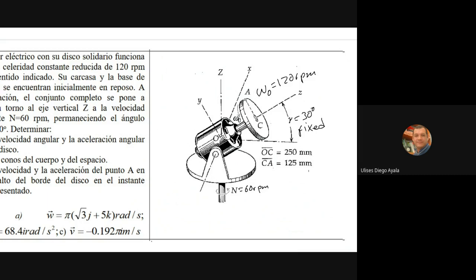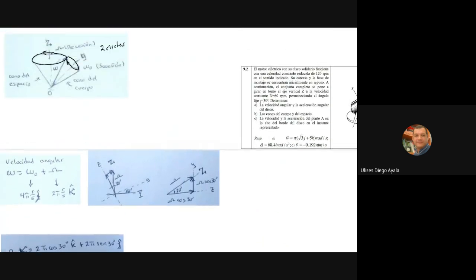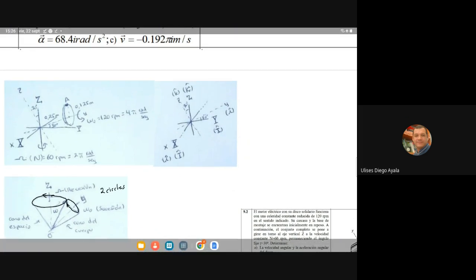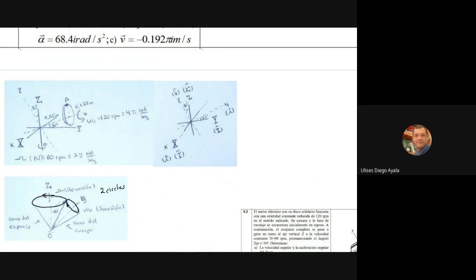That makes the difference between these two cones. Okay, so the space has only one rotation, and the body has two. Yes, this is how it is called.